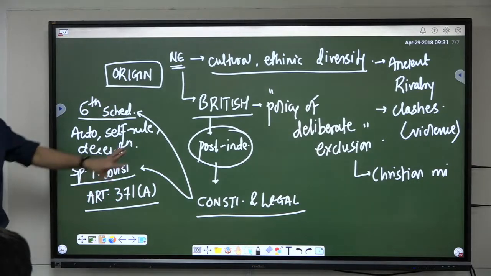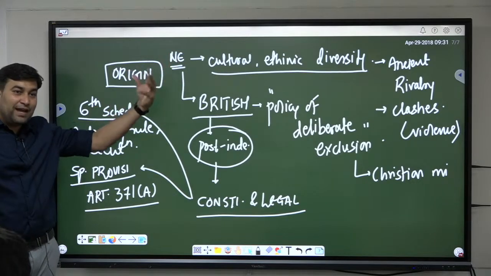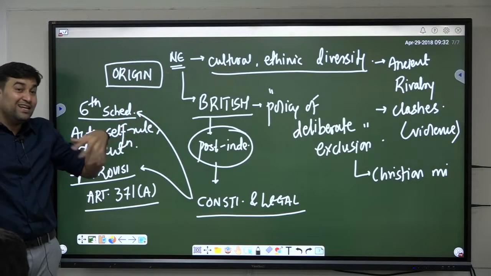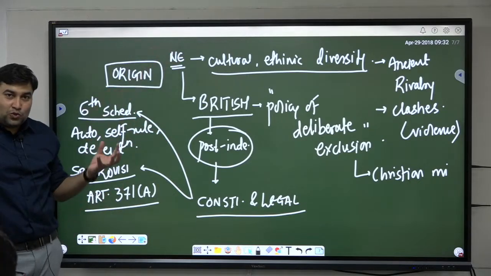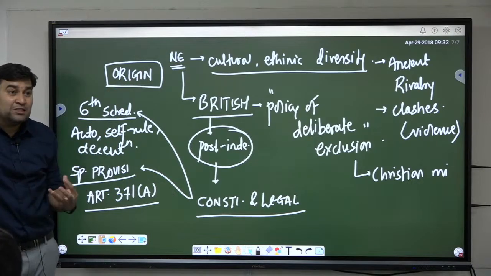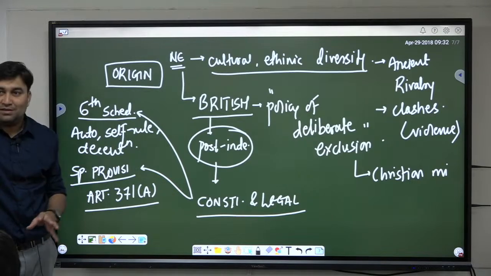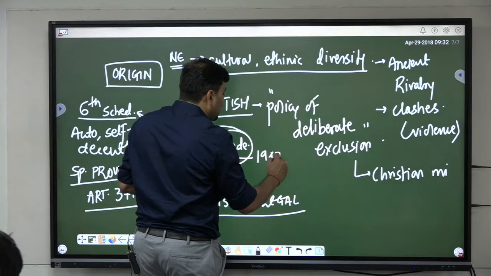So basically, to encompass the demands of these diverse ethnic people, the Government of India brought multiple constitutional legal safeguards so that the people in the Northeast can assimilate in mind and spirit with complete mainland India. However, this did not happen. Immediately post independence, that means post 1947, this did not happen.